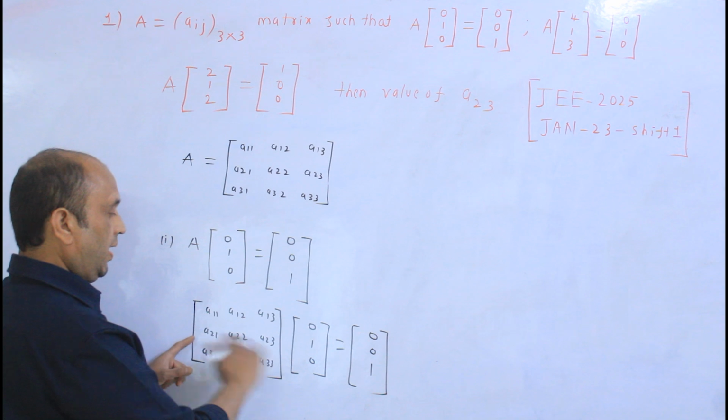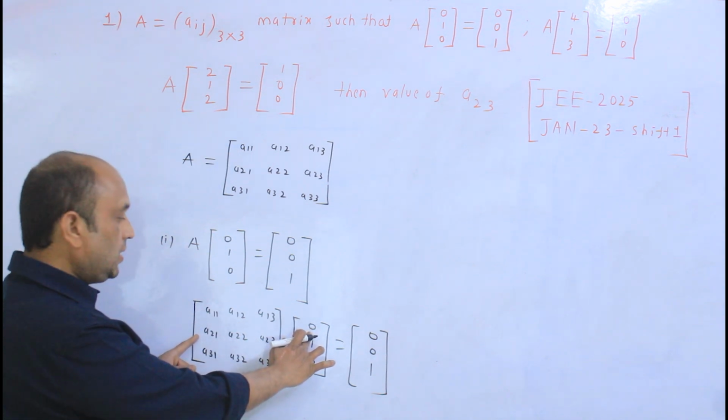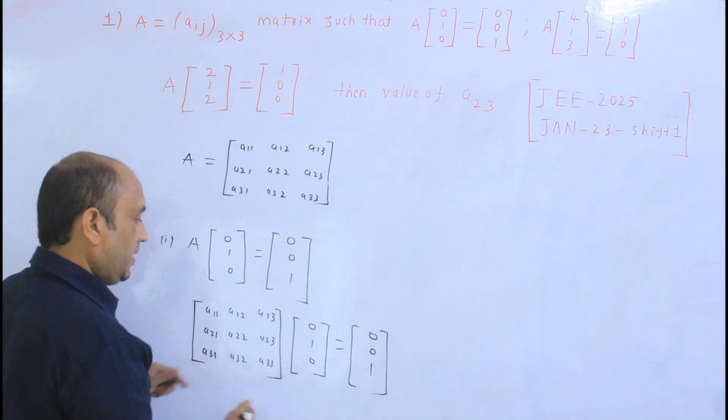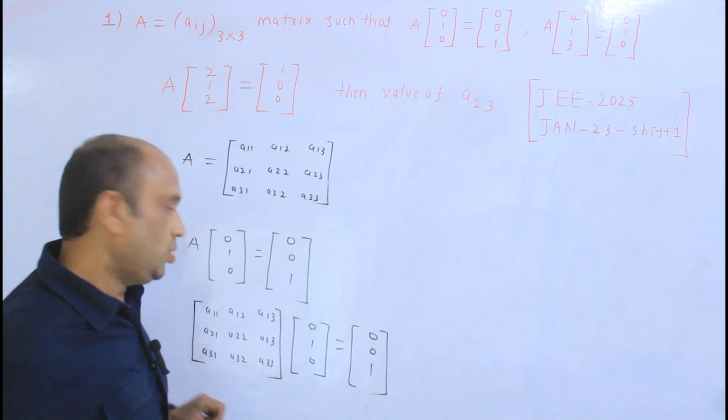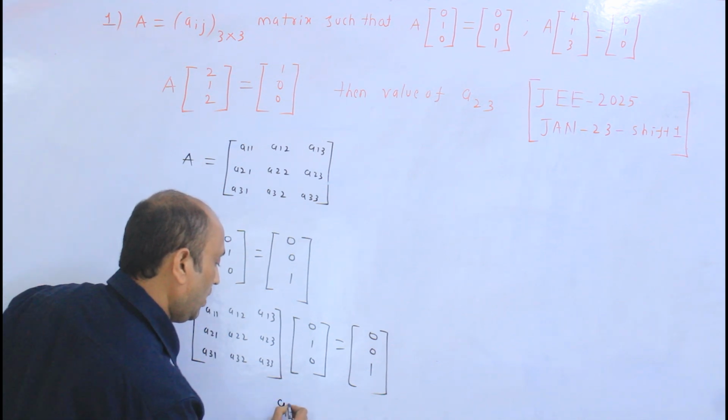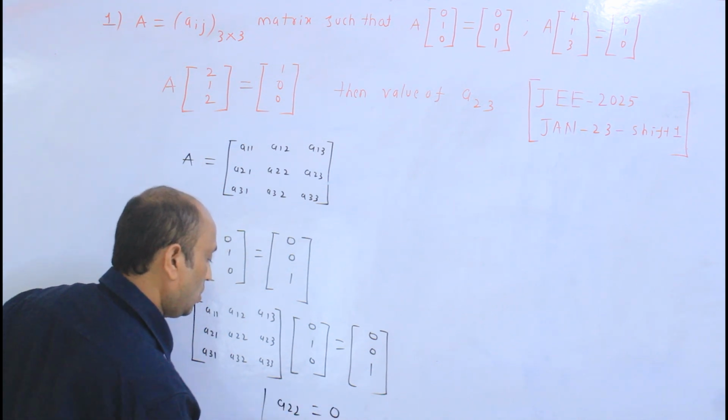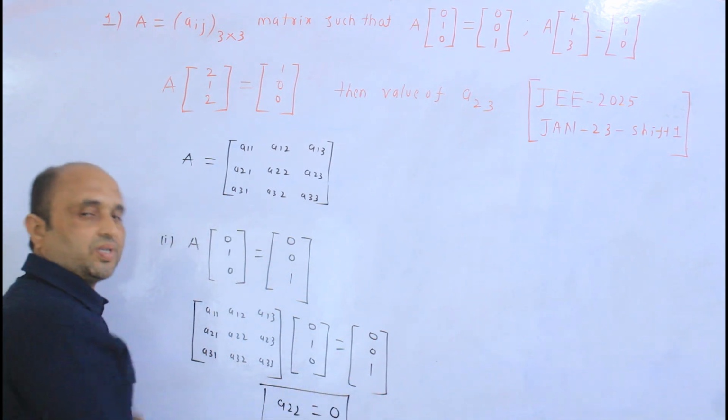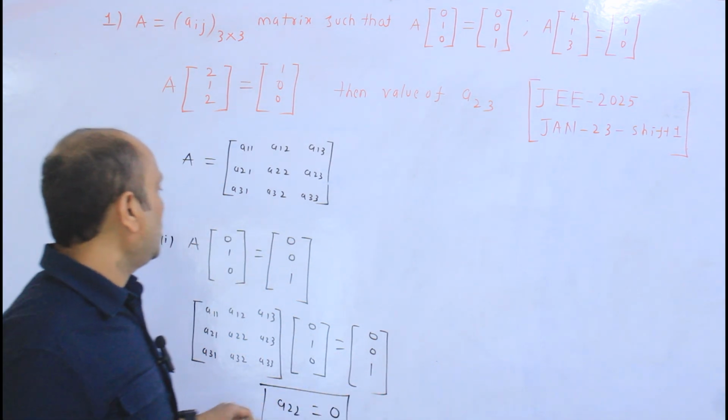Second row: A21 into 0 is 0, A22 into 1 is A22, A23 into 0 is 0. So finally we get A22 equal to 0.